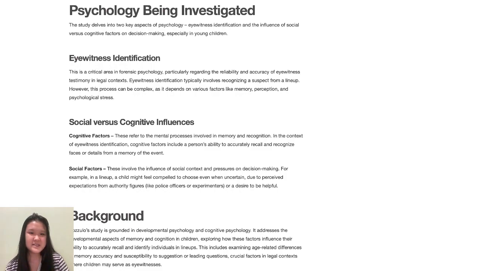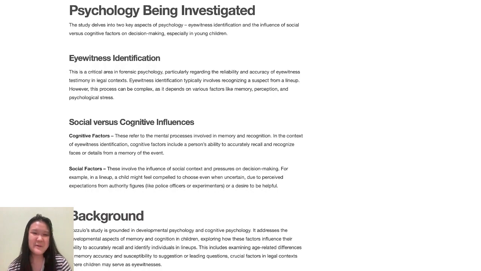So it's critical in forensic psychology, right? That's why you see it so much in shows. And usually it will be regarding the reliability and accuracy of these eyewitness testimonies in the legal context. That means in courts and stuff. And actually in law, we do study this as well, how reliable it is. That's just a fun fact.